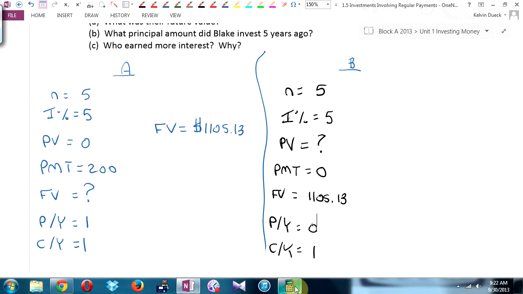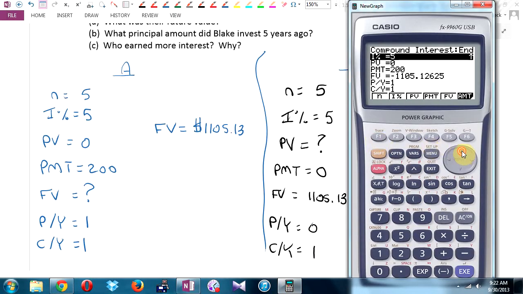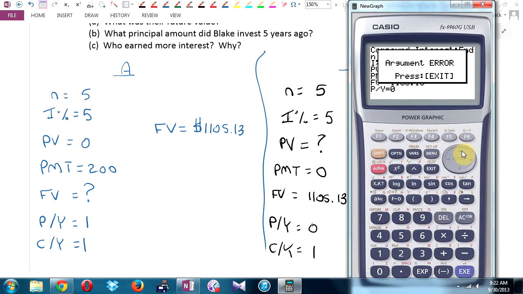Let's find out. I don't think he's paying it per year at all. Let's repeat. Go to the top. 5, 5, don't know. No payment. 1105.13. Payments per year 0. Oh, press exit. Okay, it's going to force me to put a 1 there.